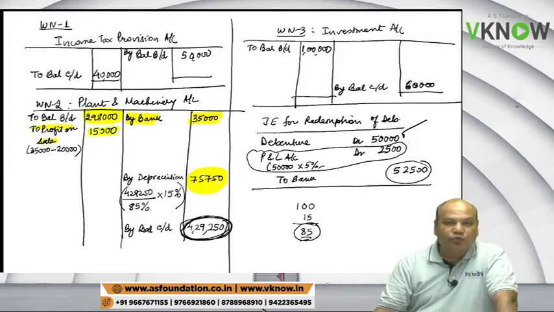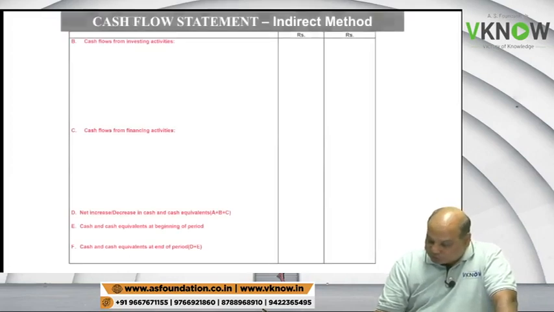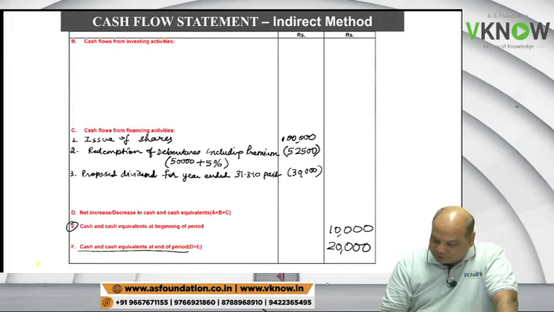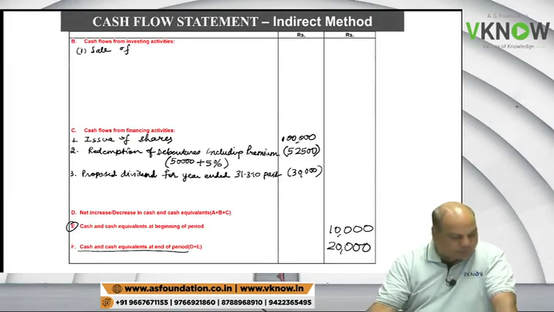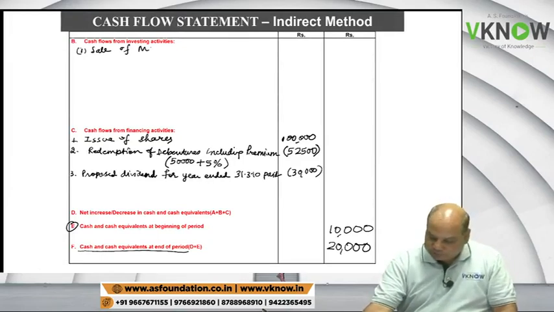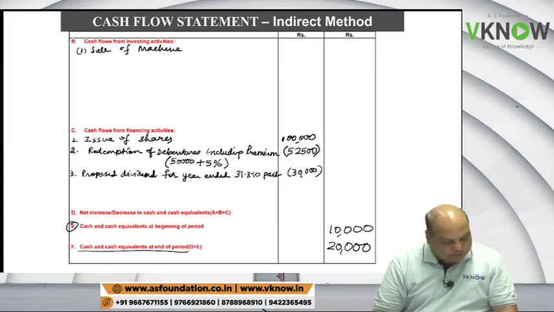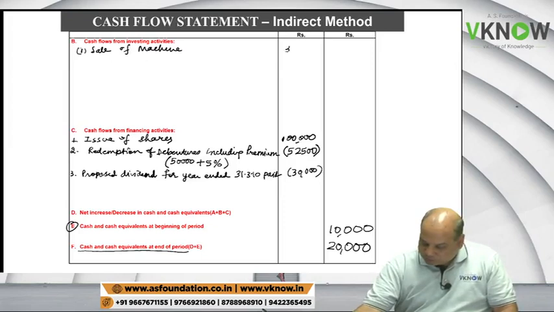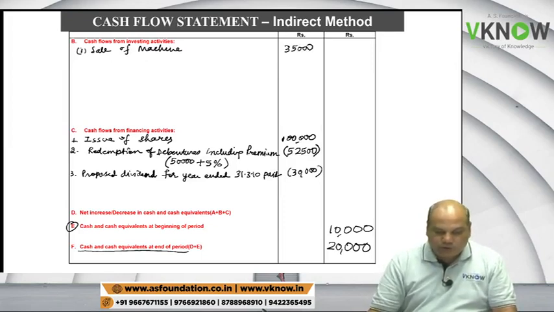So this I will have to reflect in cash flow statement also. So please come to cash flow statement, investing activity. Under that write down 1, sale of machine. Sale of machine in the first column 35,000.